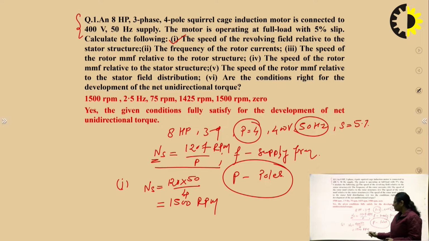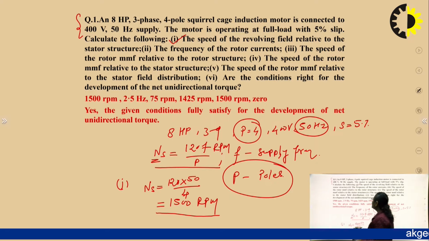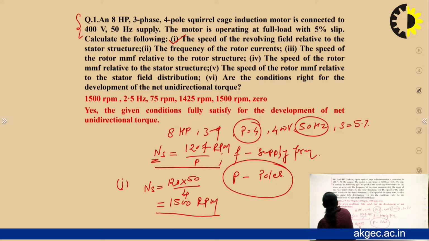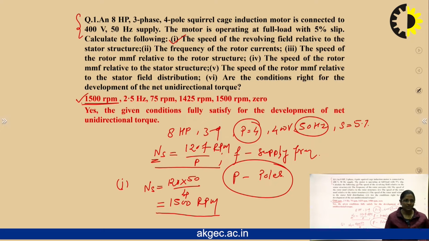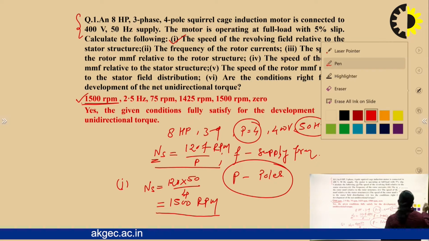So, we find here that the rotating magnetic field is making 1500 revolutions per minute. The answer for the first part of the question is 1500 RPM. Now, let us move to the second part of the question.